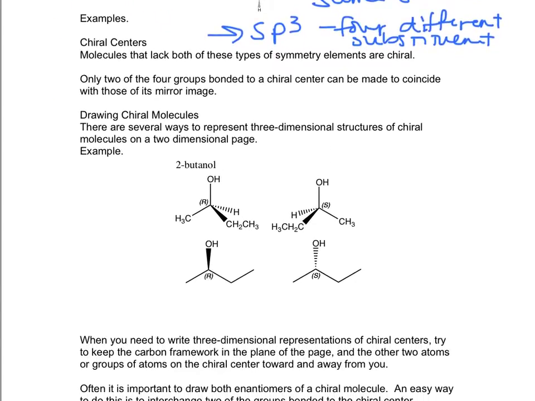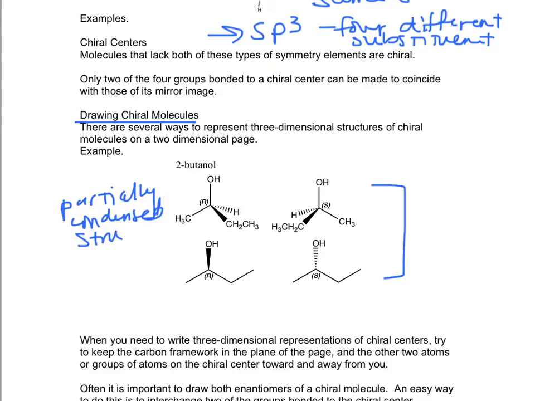So there are different ways that we can draw chiral molecules. Here I've shown 2 different representations, where we have a partially condensed structure, and here we have the bond line representations.